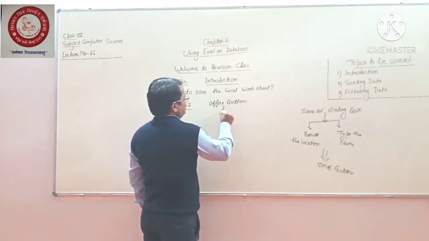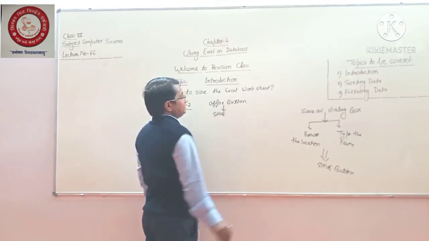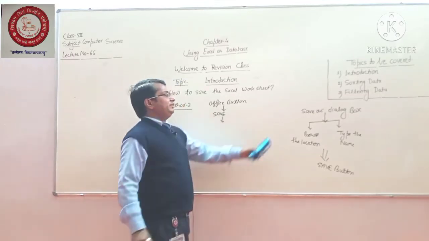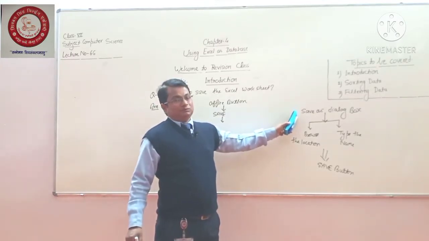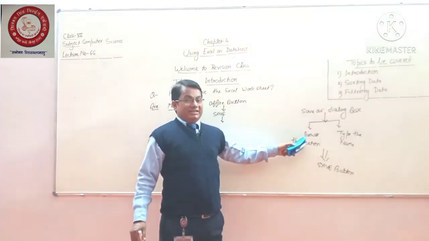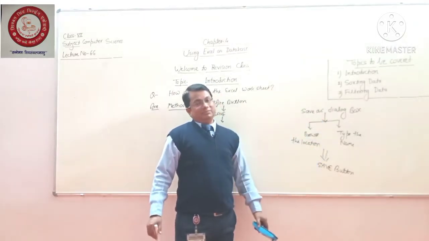Once you click on it, there is an option named Save. Click one time, and immediately you will get the Save As dialog box. Here you browse the location where you want to save, type the name, and finally click on the Save button.